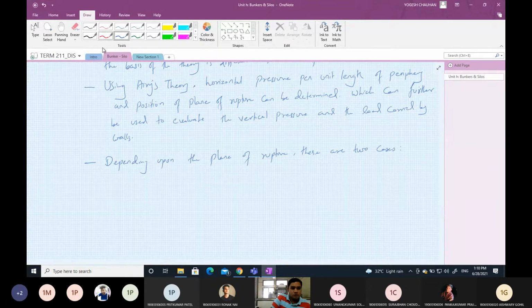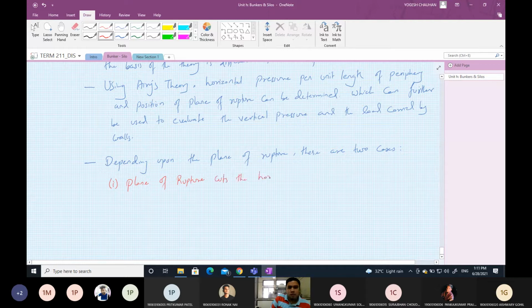The first one, the plane of rupture cuts the horizontal surface, and this is the case of shallow bin, or we call this as bunkers.